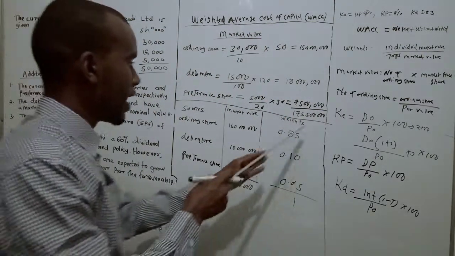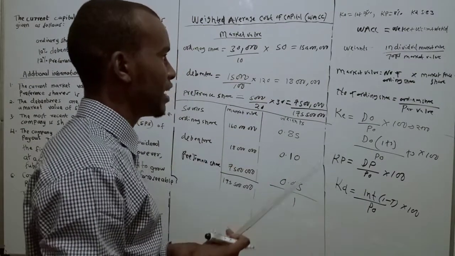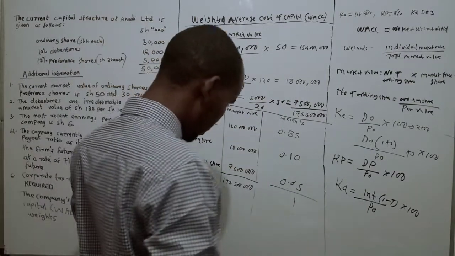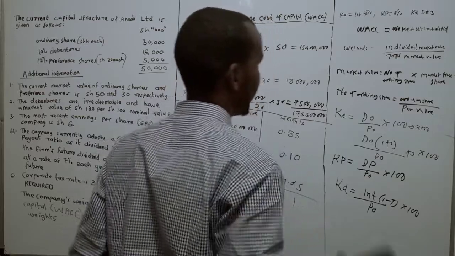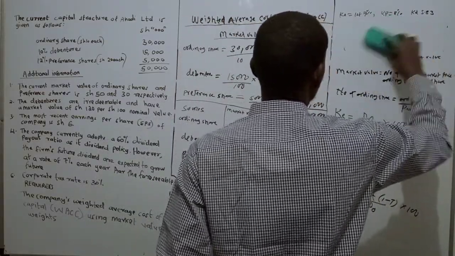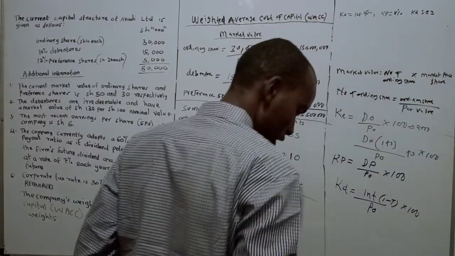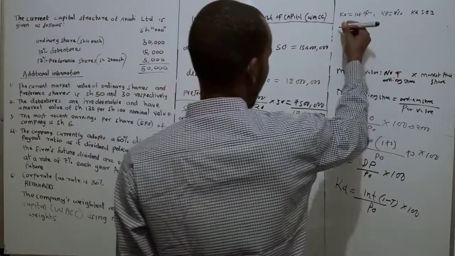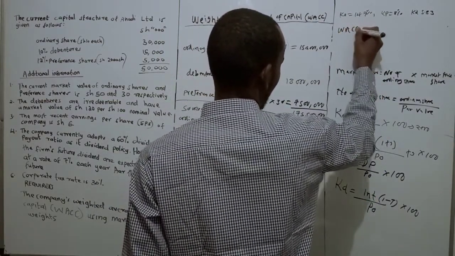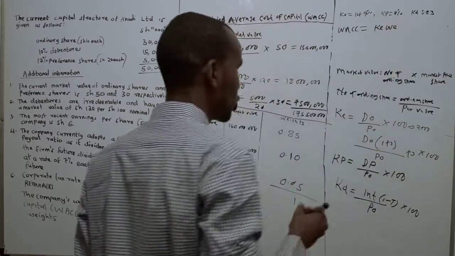Now, we have the weights, we have the cost. We just multiply it, then we get our answer. Remember, if I am to repeat the formula again, for us to get the weighted average cost of capital, we take the cost of equity, then the weight of equity.